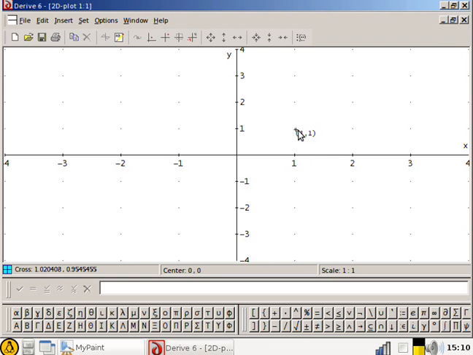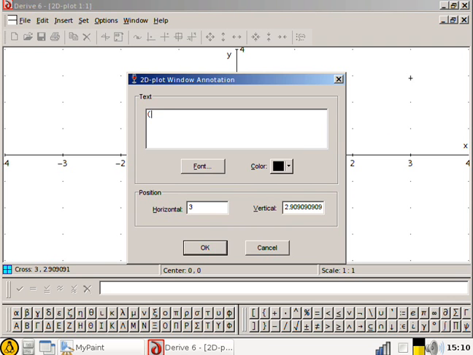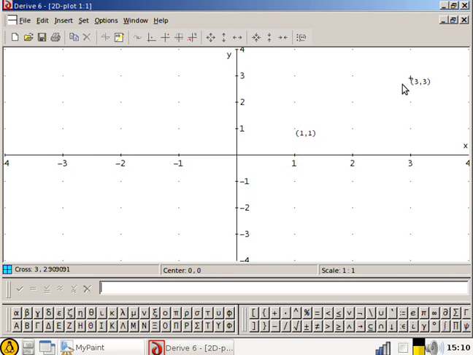Can you see that? And let me pick, let's say the point out here, 3, 3. So you can see just from looking at it that roughly the point in the middle should be around about here, 2, 2.